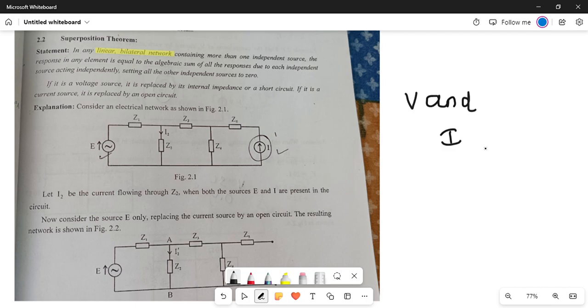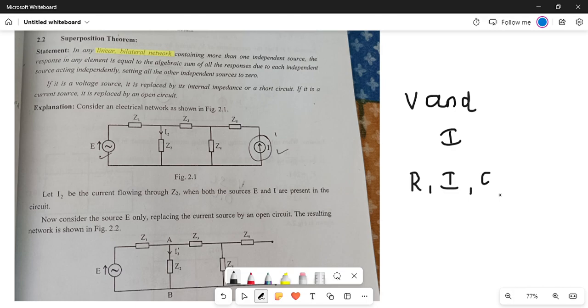Resistance is R, inductance is L and capacitance is C, right? So the resistance, the inductance and the capacitance of any component will not change with respect to the change in the current and voltage with respect to time, right?